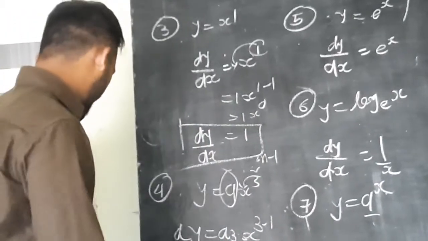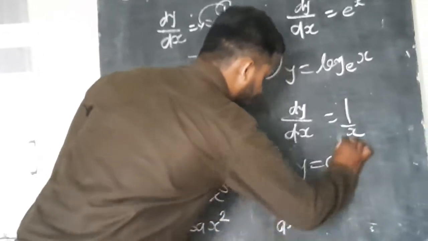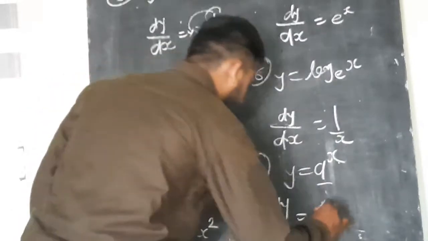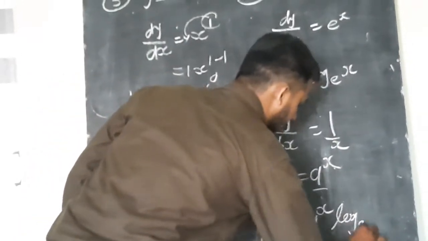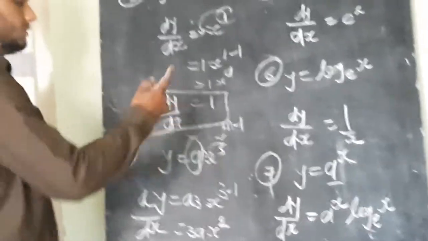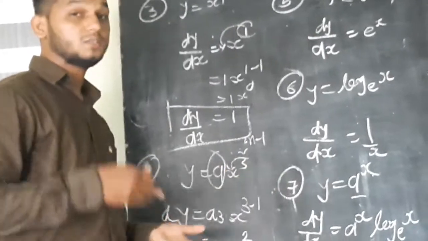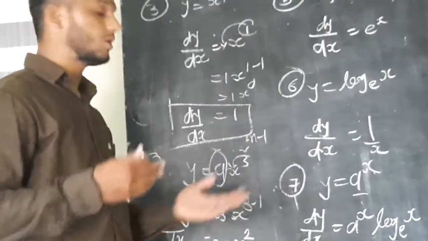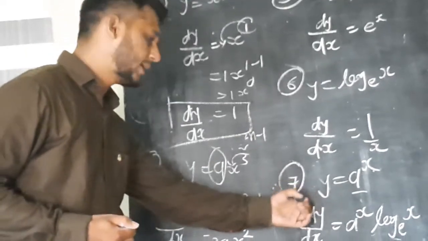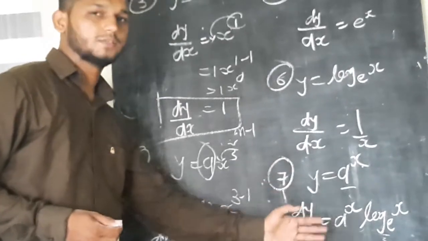On that time what will happen? dy by dx equals a raised to x log base e a. So y equals a raised to x means a constant term with an exponential variable term x. So we can determine that dy by dx equals a raised to x log base e a.